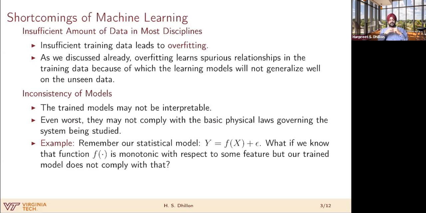For example, think about applications in physics or chemistry, right? There are basic physical laws that are governing those systems. And say you come up with a trained model and it turns out it's not really complying with those, maybe because of insufficient data, right? Now, that's not a very worthwhile thing to do.